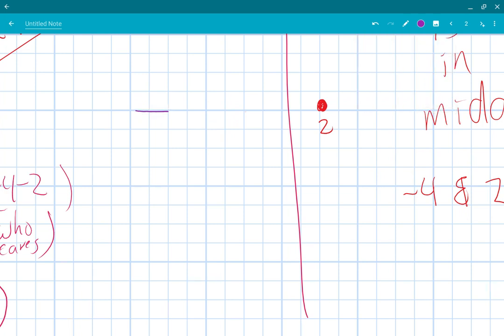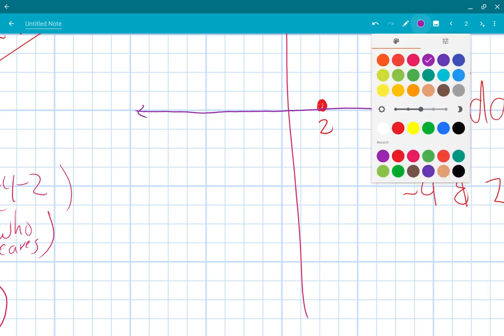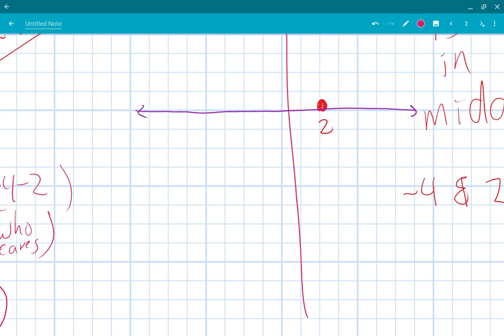What do you get? 3, right? So they're 3 apart. So the vertex is at 3 from there, which is negative 1, right?